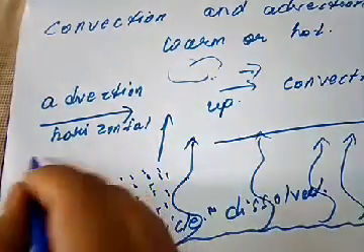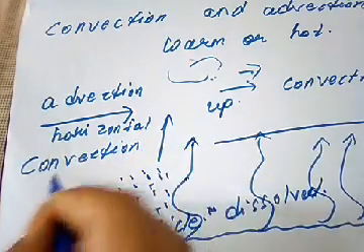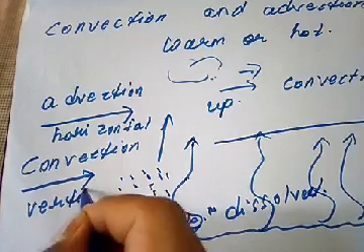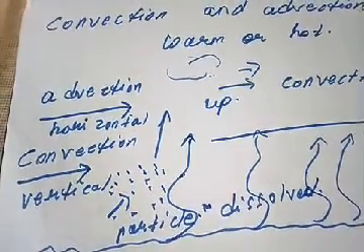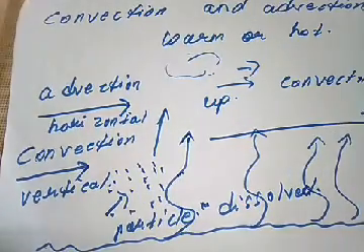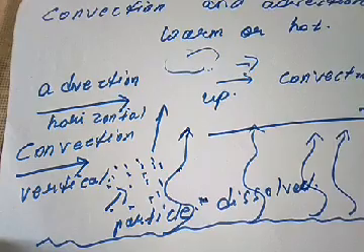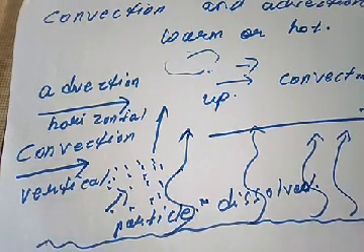horizontal in movement, and convection is vertical in movement. This is the main difference between advection and convection. If you understand this main difference, it will be helpful for you in telling them apart. Always remember, both are similar, it is a movement.